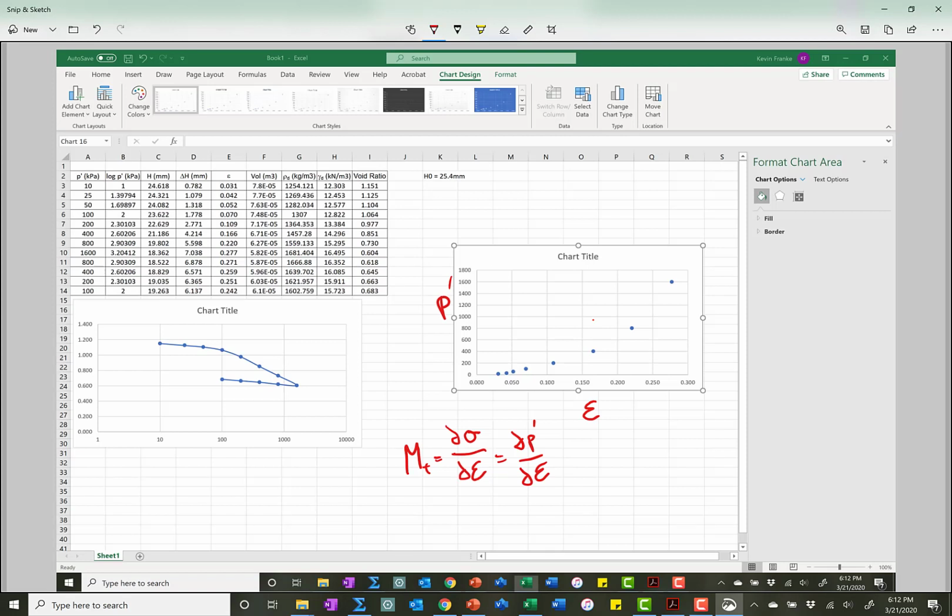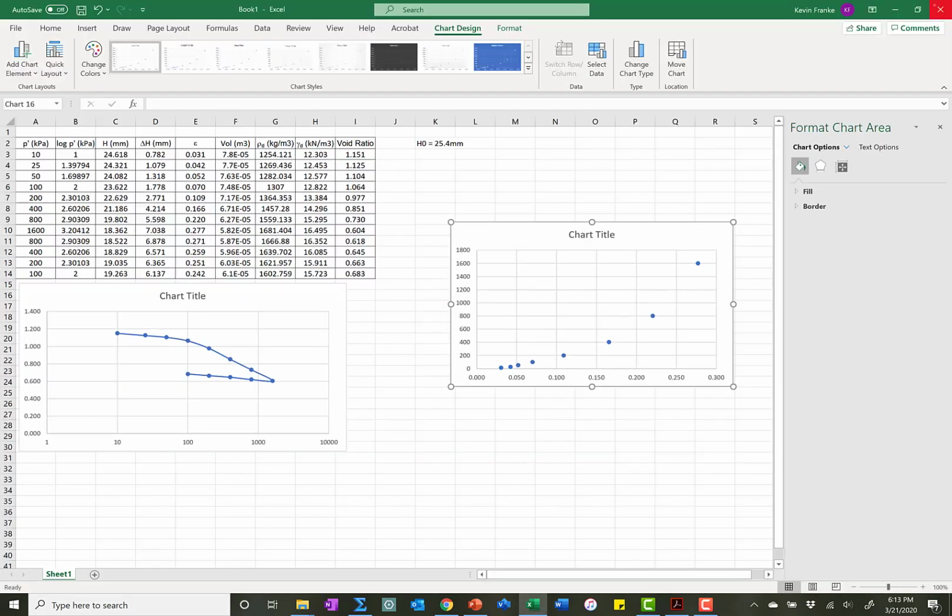What that basically means is the derivative of this curve. So when I plot the data this way, I want to fit a function to it, and then calculate the derivative of that function. That's going to give me the equation for the tangent modulus. Very cool stuff.